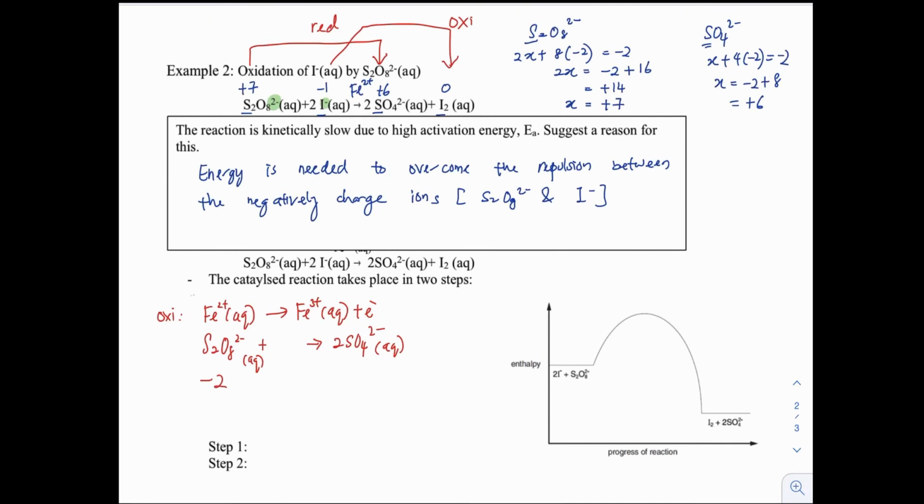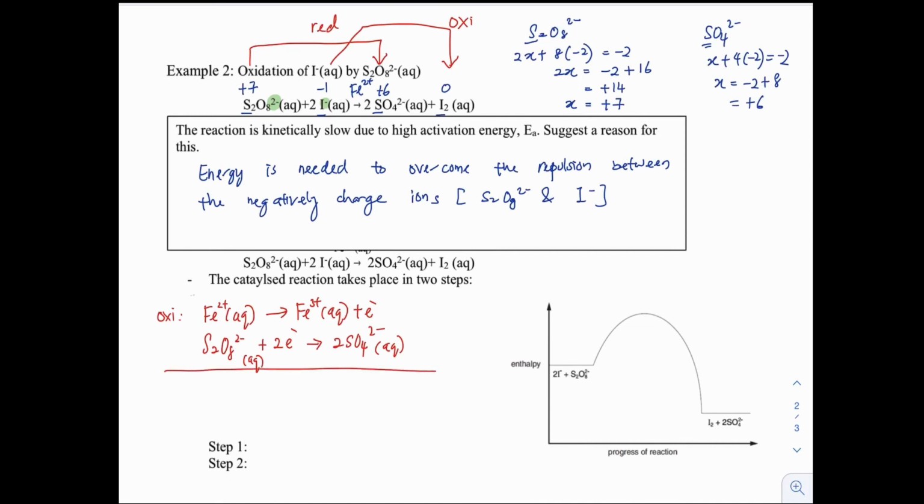And over here, the overall charge is negative 4. So we always add electrons to the more positive side, which is this side. So in order to make this equation balance, we'll need 2 electrons over here. Alright, so that's how we balance the equation.